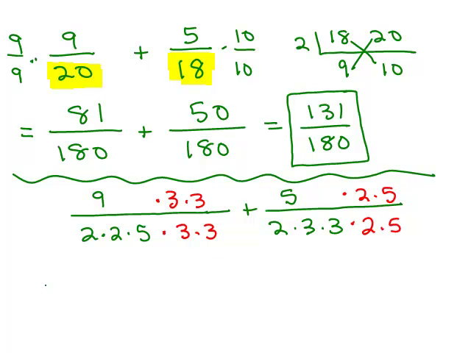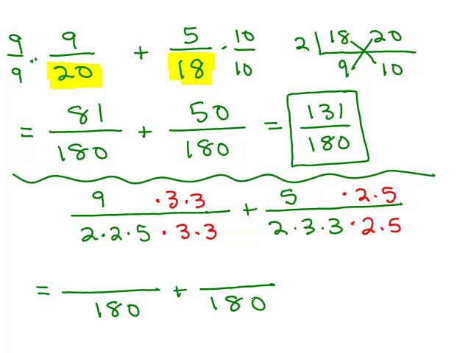All right, so now what do we do? We have to multiply those denominators together, or if you want, you could just leave it in factored form in case something might cancel at the end. In this particular problem, since I did it previously, I know I'm not going to be able to reduce it. So I'm going to go ahead and write 180. But if you'd like to keep it factored, that also works.